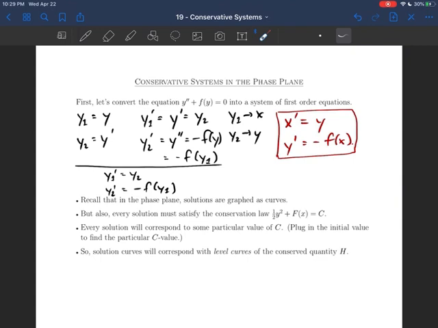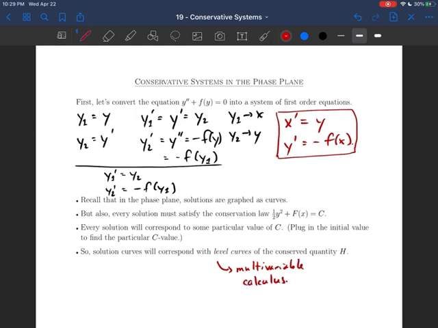And solutions also have to follow this because that's what the conservation law says, that solutions obey this equation. So every solution will correspond to some particular value of c. We could just put in an initial value for x and y, and that'll tell us what c is. And then the solutions have to maintain that value of c for the quantity 1/2 y^2 + F(x).